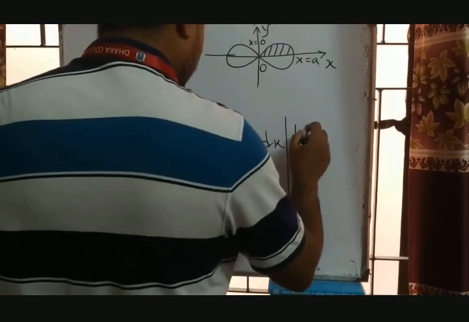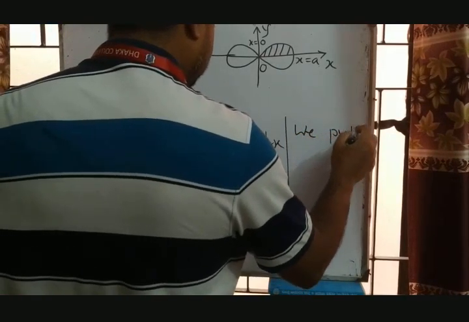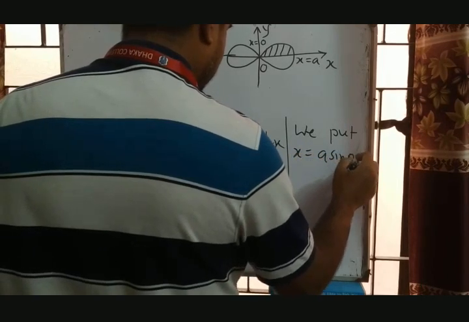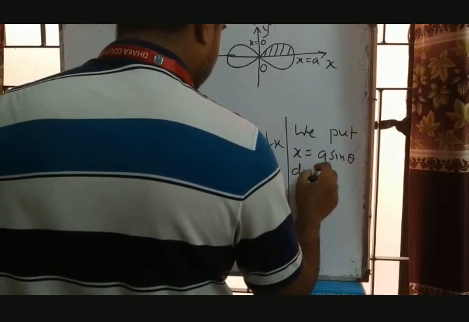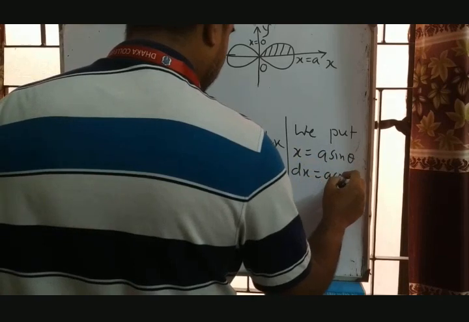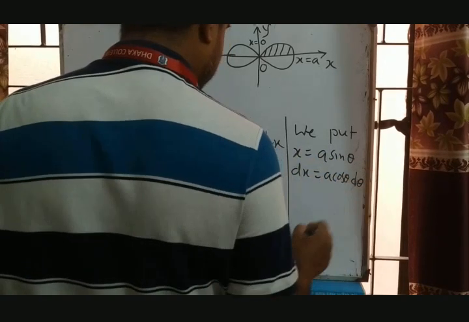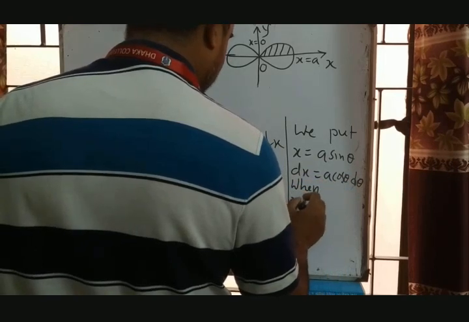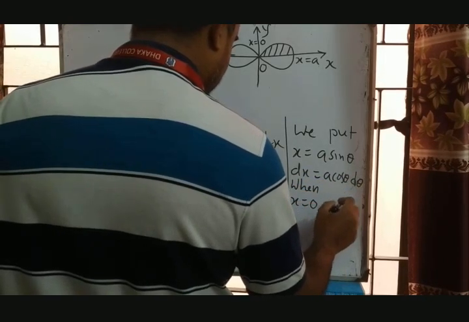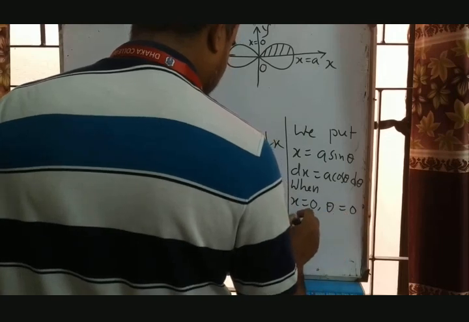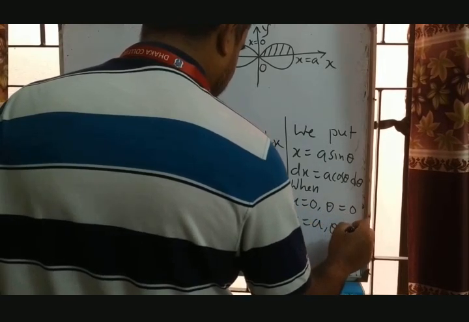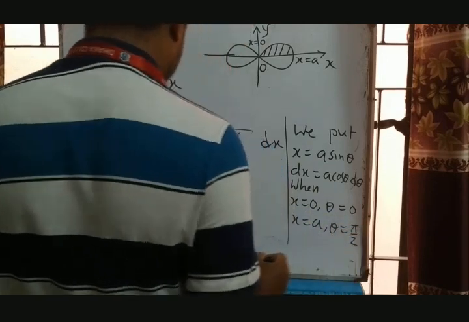Now we put x is equal to a sin theta, which gives dx is equal to a cos theta d theta. Now we have to change the limit: when x is equal to 0, theta is also 0. When x is equal to a, theta goes to pi by 2.